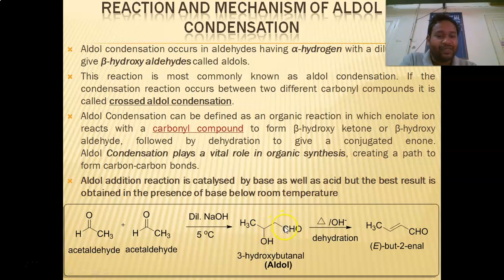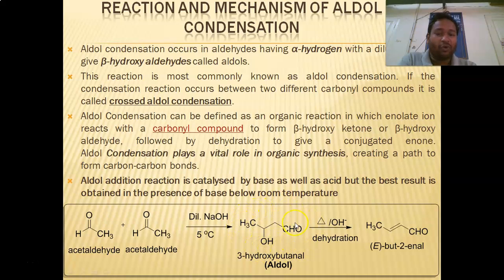Beta hydroxy means this is the functional group; the adjacent carbon is the alpha carbon, and the next adjacent carbon is the beta carbon. So it is beta hydroxy butanal. Here an aldehyde is there, so it is an aldol product.